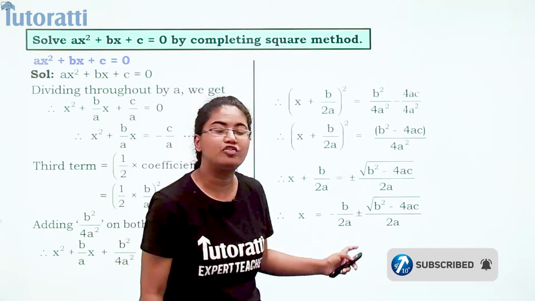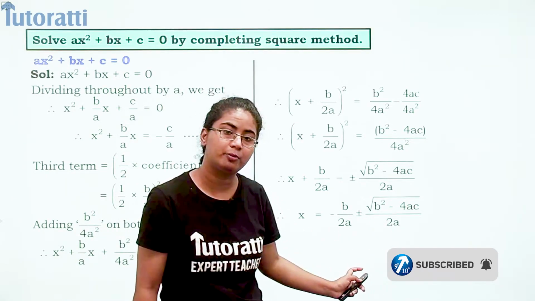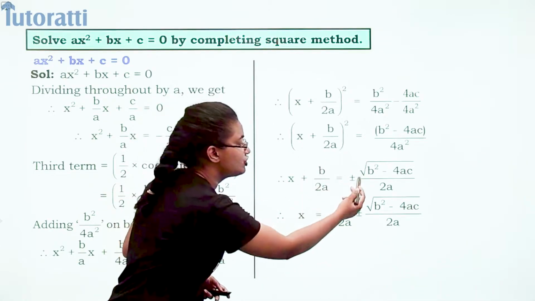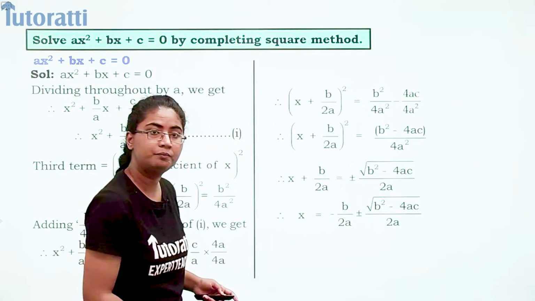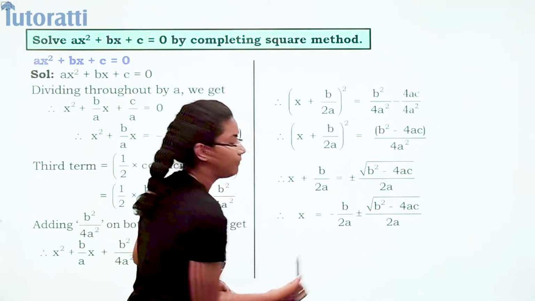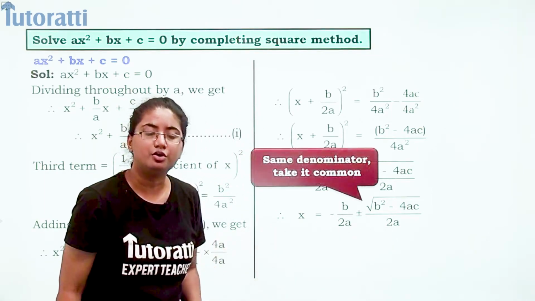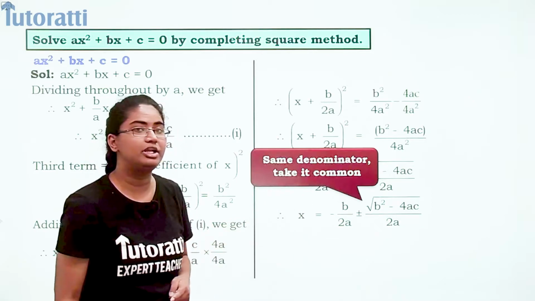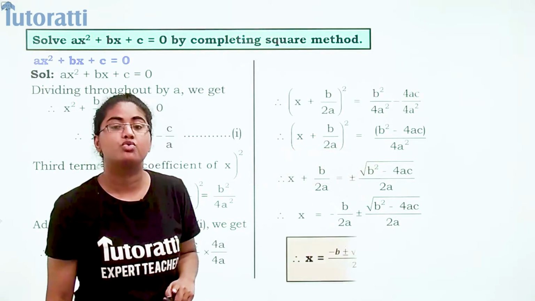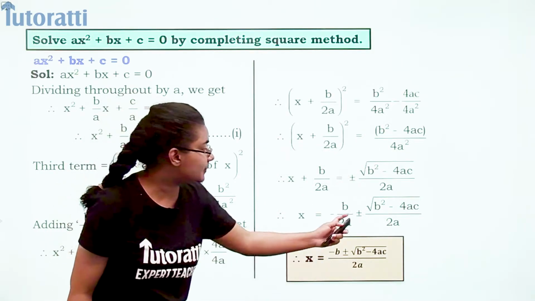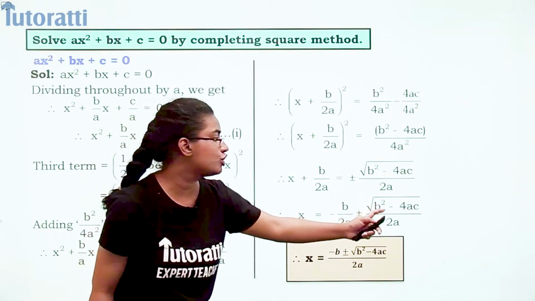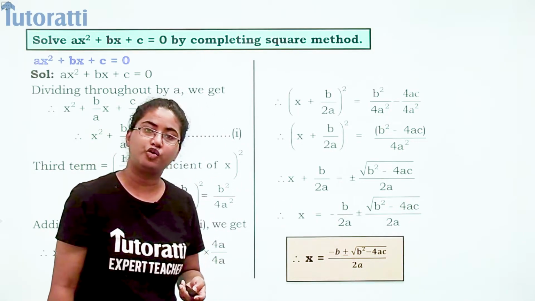Can you observe in the two fractions, denominator is the same, right? When I shifted this here, it became minus. And observe the denominators, they're absolutely the same. So we can write it once, right? Because the denominator is common, you can write it once and get minus b plus or minus root b square minus 4ac.